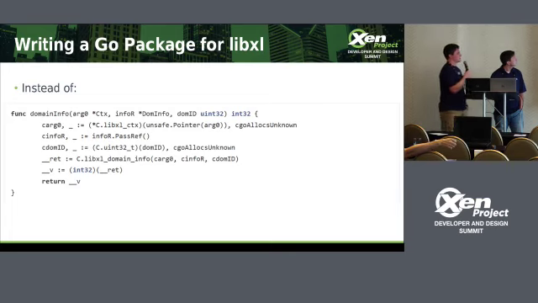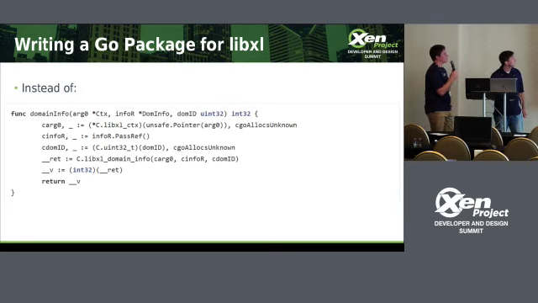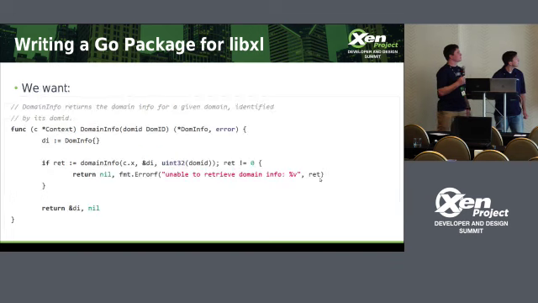So this is a domain info function almost literally translated from the existing C function in the libxl library, but it's very C-like still in the sense that it's returning an integer that we set for an error code, and you still have to pass a context pointer and a domain info pointer in. And so we want to simplify this for using Go by only needing to specify a DOM ID to the original function. So you can go next one.